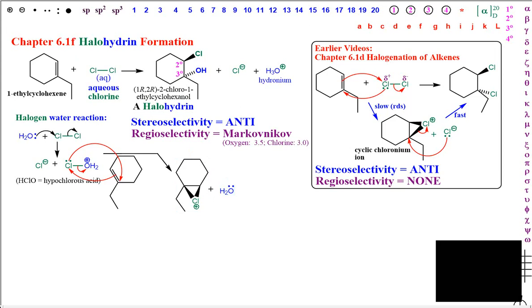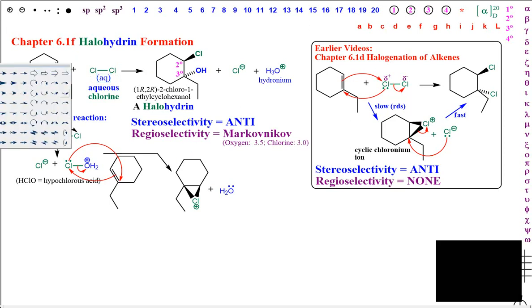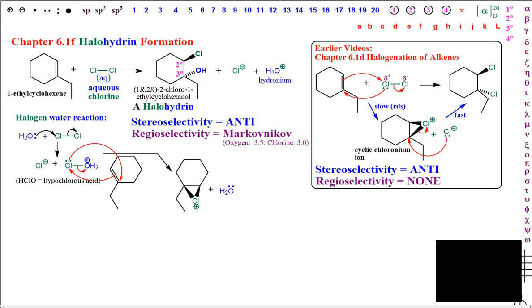I'd also like to point out, not only is water formed here, but this molecule is surrounded by water for one simple reason, and that reason's right here. There is more water present here than anything. Keep that in mind for later. Water, like chloride, has a lone pair which can do a backside attack.